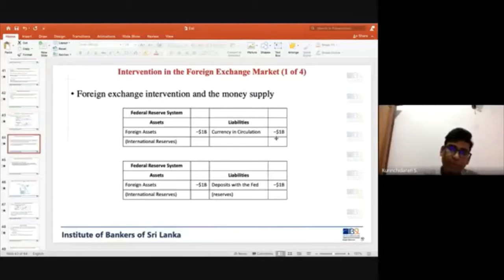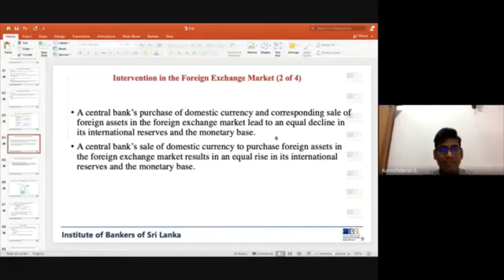As I said, a central bank's purchase of domestic currency and corresponding sale of foreign assets in the foreign exchange market lead to an equal decline in international reserves and the monetary base. Is that clear? We have studied what the monetary base is: currency in circulation and reserves.